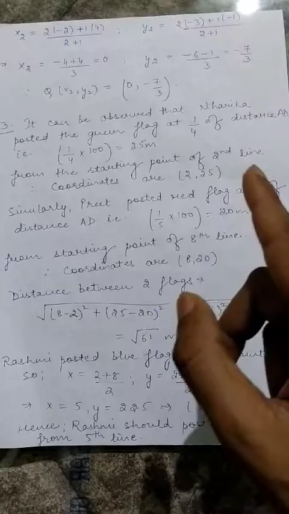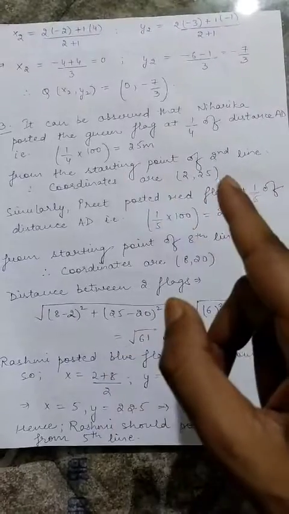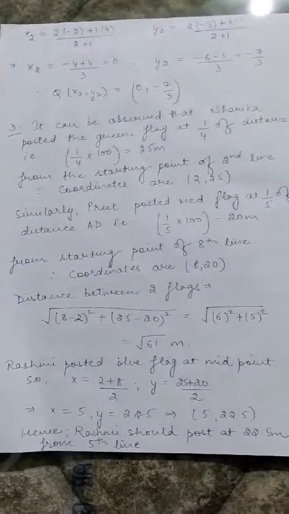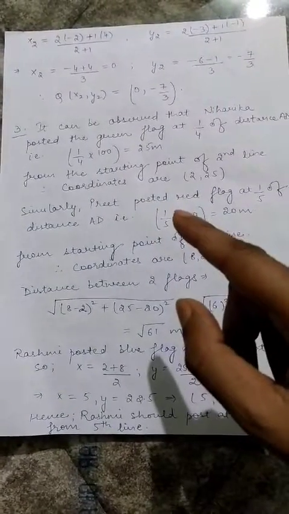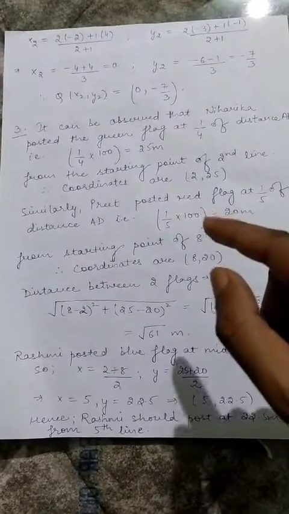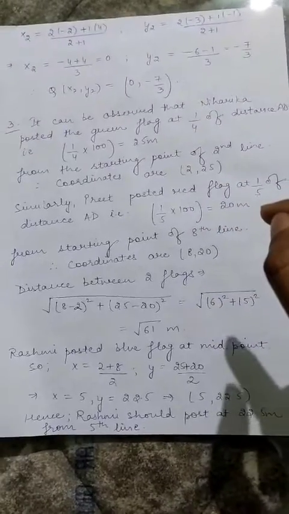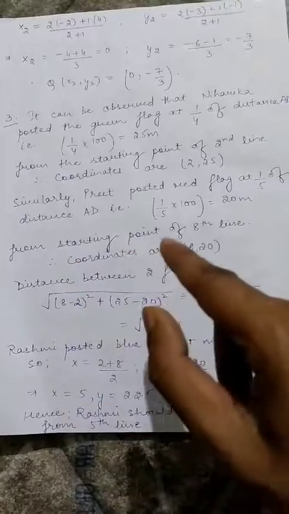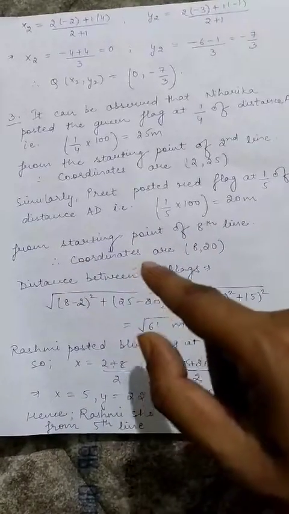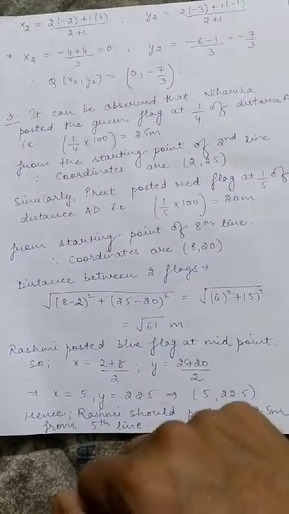So the horizontal point is 2 and the vertical is 25. So the coordinates are (2, 25). Similarly Preet posted the red flag at 1/5 of the total distance, that is 20 meters, from the starting point of the 8th line. Therefore the coordinates are (8, 20).